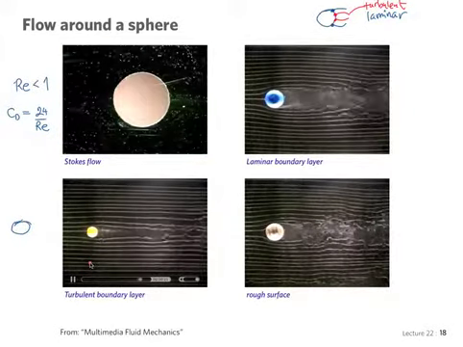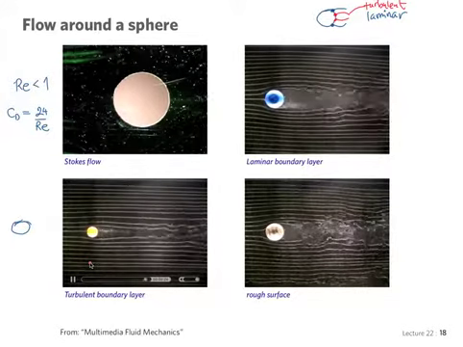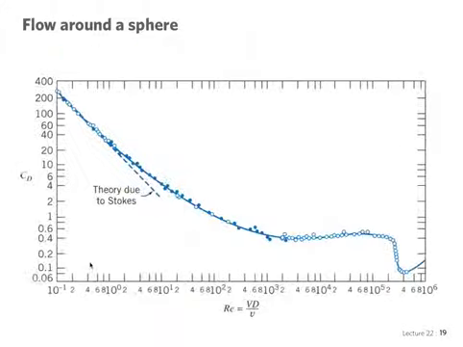And that is, of course, the effect that is used in sports. And here's a plot. I'll show you in a moment. That's the effect that we're talking about. This is a plot of the coefficient of drag. This area over here would be the Stokes flow area, where the coefficient of drag is 24 over Reynolds number.